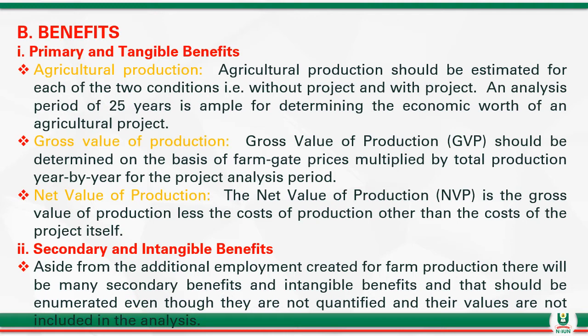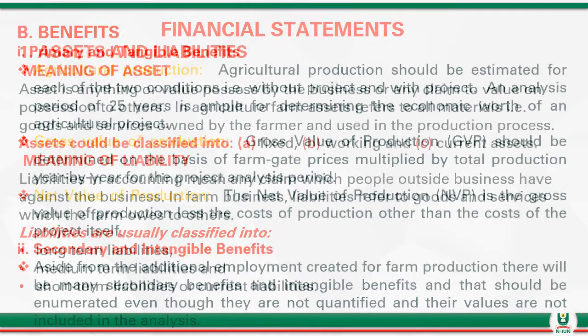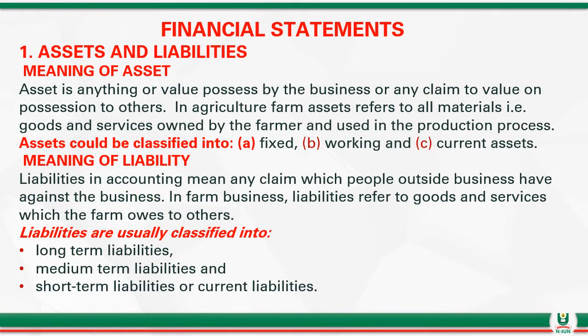Normally, like we said earlier, when you are calculating all these benefits, it is only the primary benefits that are always calculated empirically. The secondary benefits and costs cannot be estimated because they are in qualitative terms.